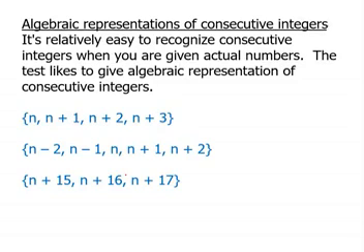It can also be with subtraction or subtraction and addition, n minus 2, n minus 1, then n plus 1, then n plus 2, that's fine. N plus 15, n plus 16, n plus 17, it would be odd if that were the case, but notice those are still spaced one apart. And so as long as n is an integer, then all of these will be sets of consecutive integers.